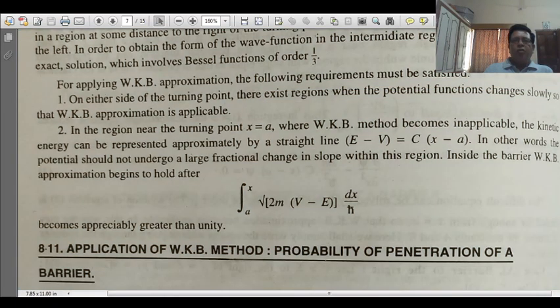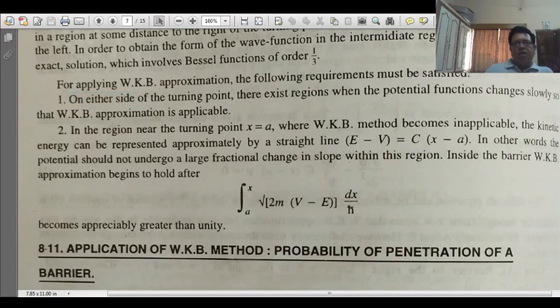There is a turning point, but WKB is applicable on both sides, so such regions must be present where the potential function varies slowly.